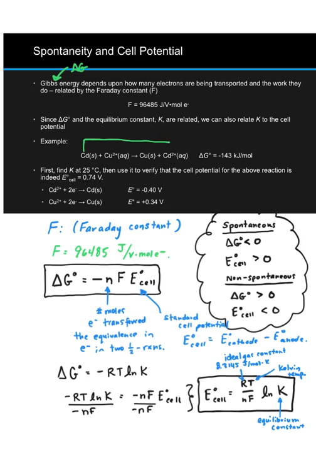Cadmium goes from 0 oxidation state to a 2+ oxidation state, represented by this first half reaction shown here. As cadmium goes from 0 to 2+, we say that it oxidizes. Oxidation is associated with the anode of an electrochemical cell, An-Ox.